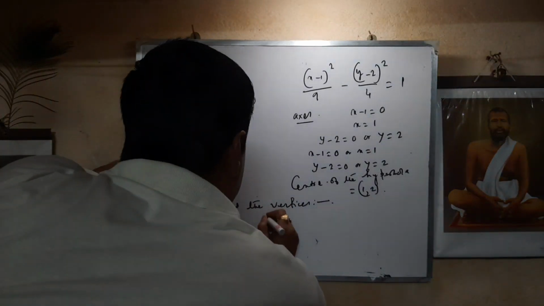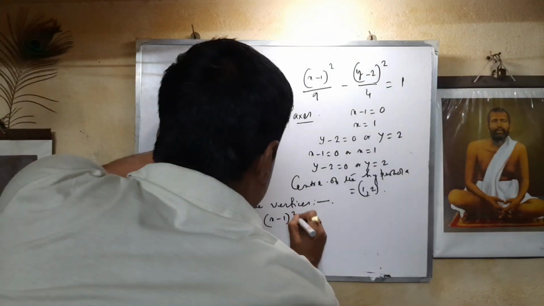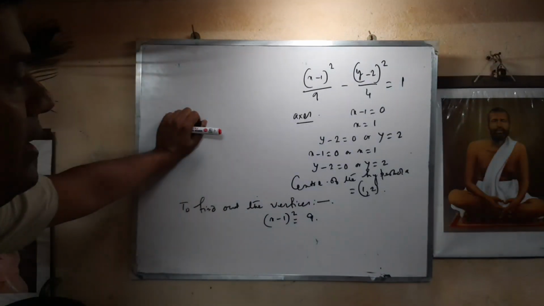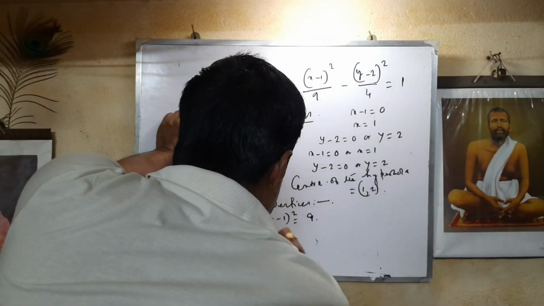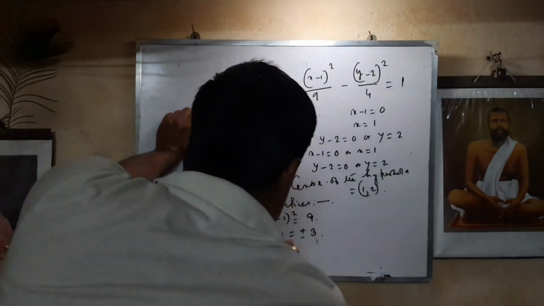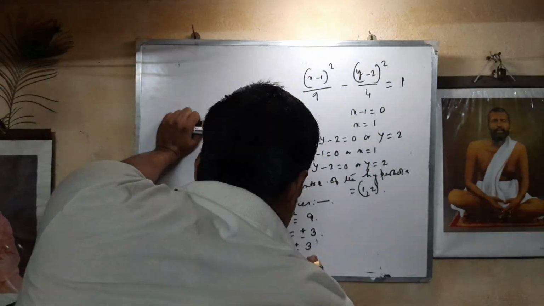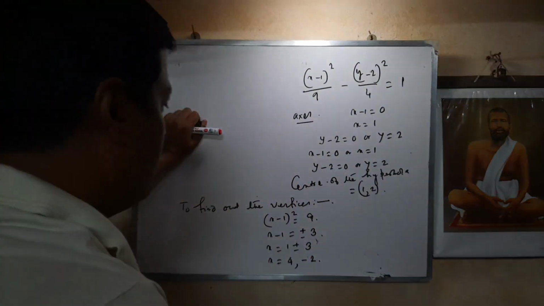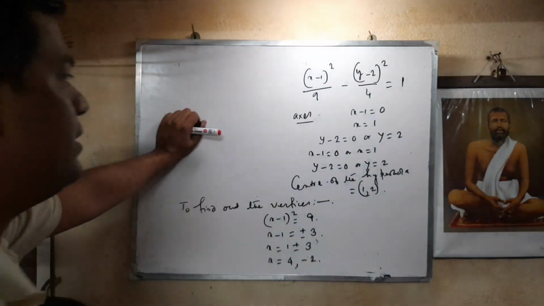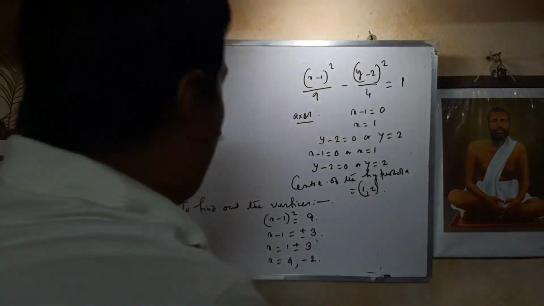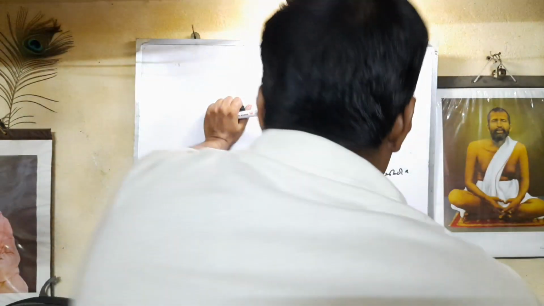Look, if I put (x minus 1) square equal to 9, then x minus 1 equal to plus minus 3, or x equal to 1 plus minus 3, that is x equal to 4, minus 2. For these values of x equal to either 4, or minus 2, you will get y equal to 0.